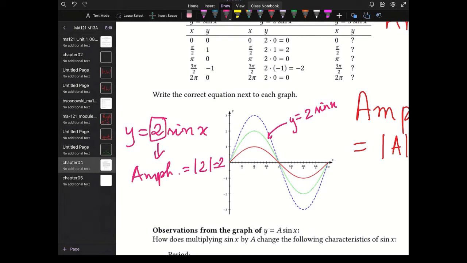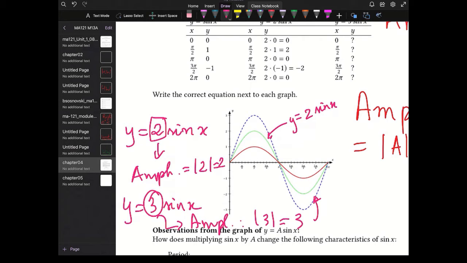If that is 3, for example, y equals 3 sine of x, the amplitude is going to be 3 because we take the absolute value of 3, which is 3. And that is the blue curve that you see. So you can see that it's more stretched for the blue than the green one. For the green curve, the amplitude is 2, so the stretch is less than the blue curve.